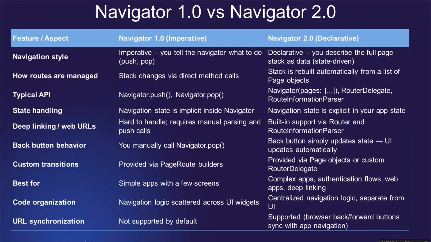For example, there is no support by default in Navigator 1.0 for URL synchronization, but Navigator 2.0 supports browser back and forward button synchronization with app navigation.